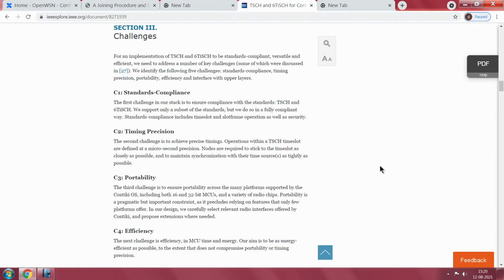Till date there are not many implementations of 15.4e TSCH. So if you want to start, you may still be one of the beginners who would be implementing it from scratch.